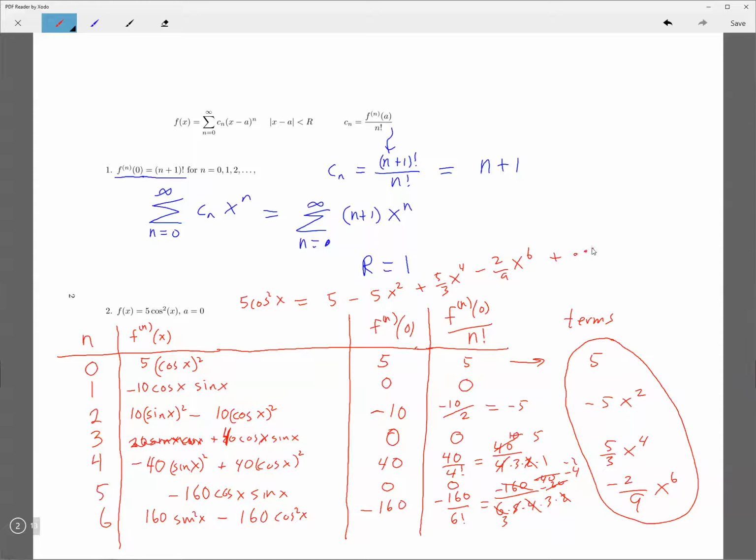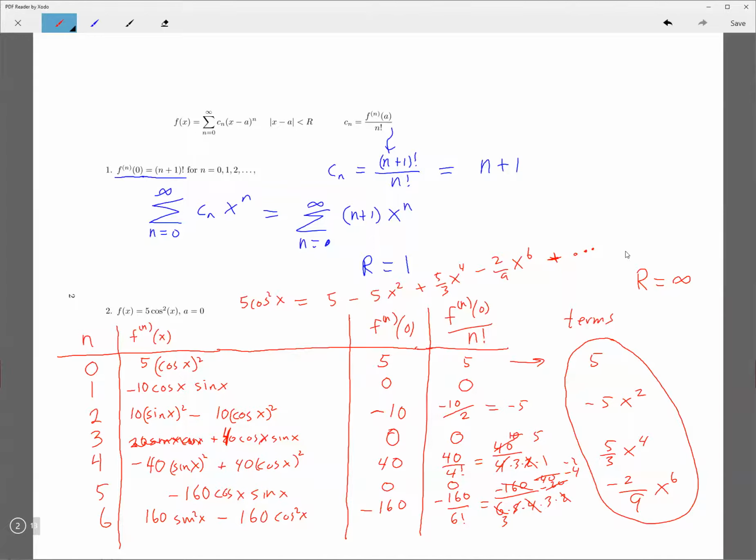And then if we were to keep going, this would actually be equal to each other. It's not clear from this at all, but the radius of convergence is actually infinity. This actually holds for all x.